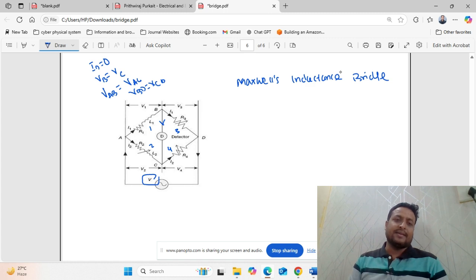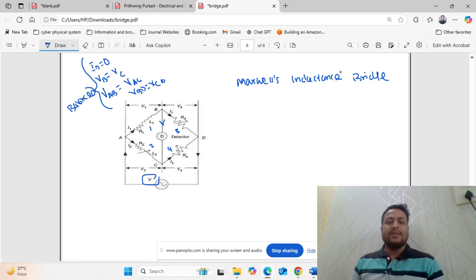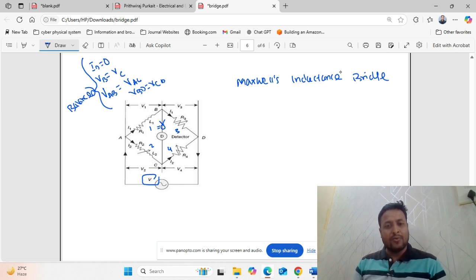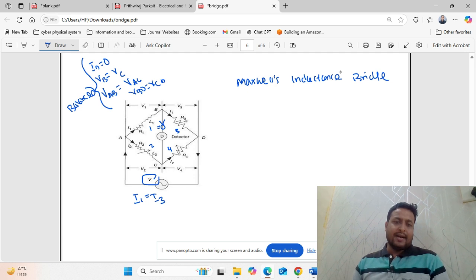These conditions are the balanced condition for the bridge. So when ID is equal to 0, I can say that I1 is equal to I3.